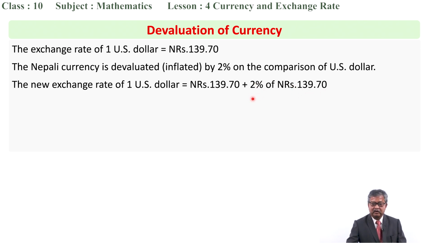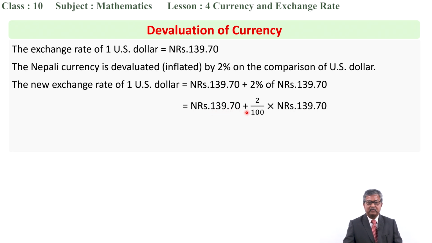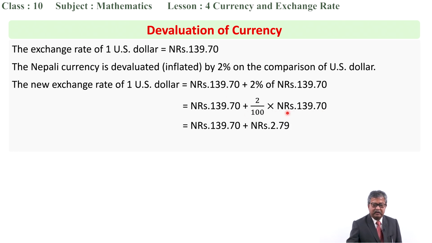Then we convert this percentage: 139.70 plus 2 by 100 into Nepalese rupees 139.70. Then we simplify this. After simplifying, we got 139.70 plus rupees 2.79. After that, we got Nepalese rupees 142.49.